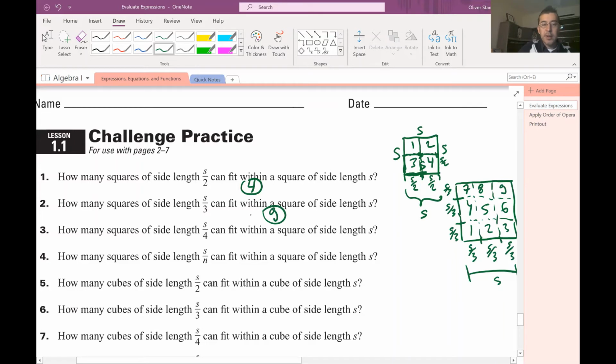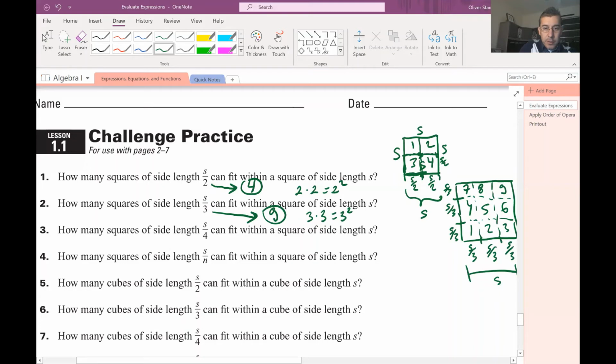And now you can get a sense of the expression that is being used to calculate these. So you see, what is the relationship between 2 and 4 and 3 and 9? It's basically 2 times 2 is 4, or 2 squared. And then here we get 3 times 3, or 3 squared.